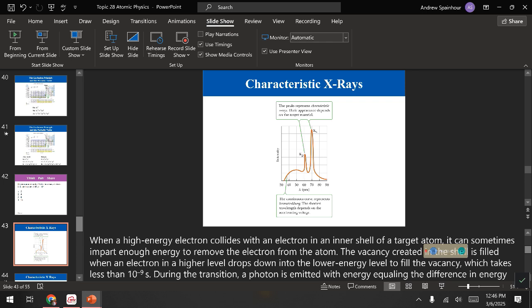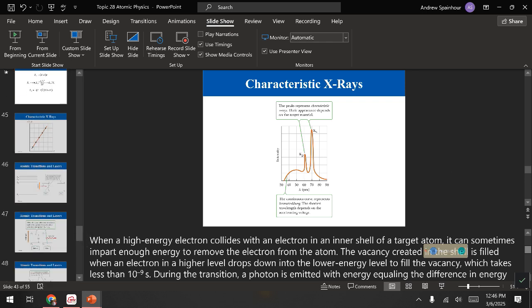You can't go from 2 to 3 or 2 to 4 with this 10. The only thing you can do is go from 1 to skipping entirely out of that process. When that happens, there is an empty spot underneath. Well, what are the electrons above going to most likely do? Fall down. And when they fall down from 2 to 1 or from 3 to 1, this is the cause of these two particular spikes at these locations on the graph. All right.